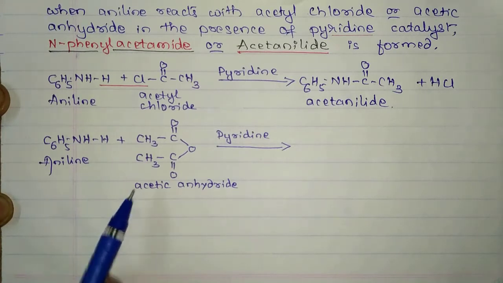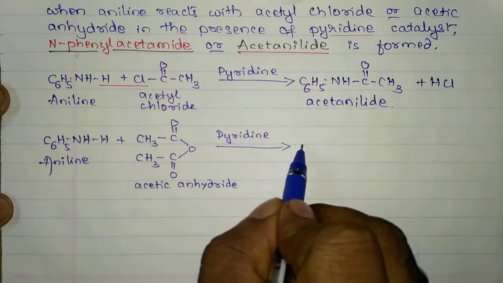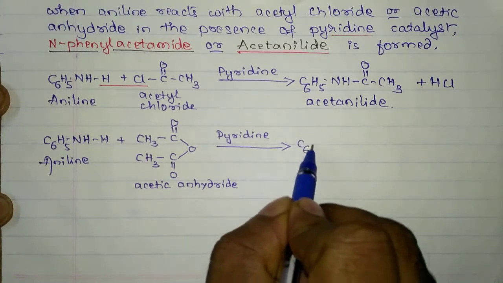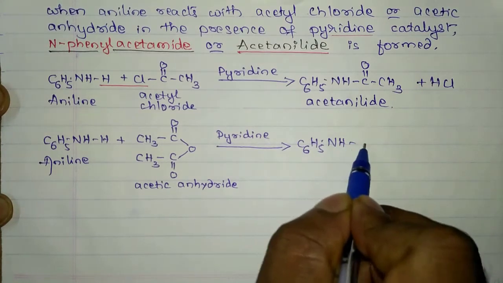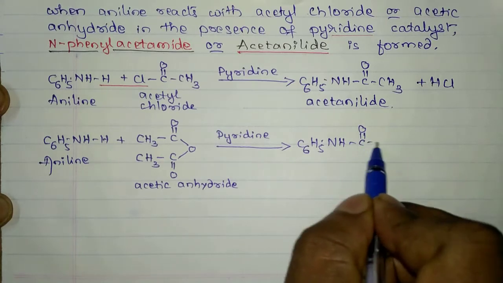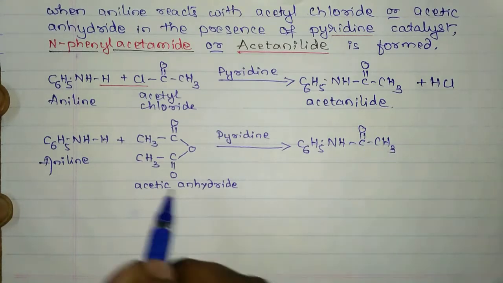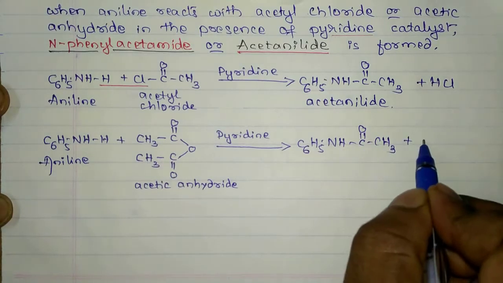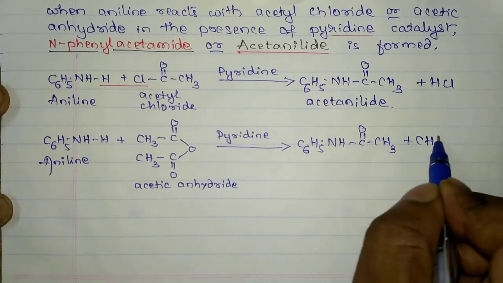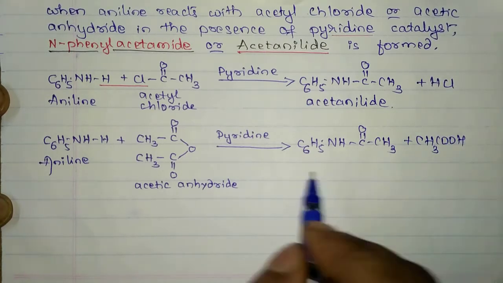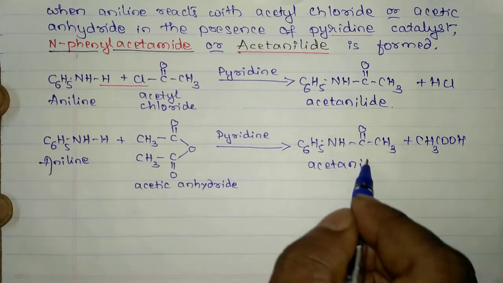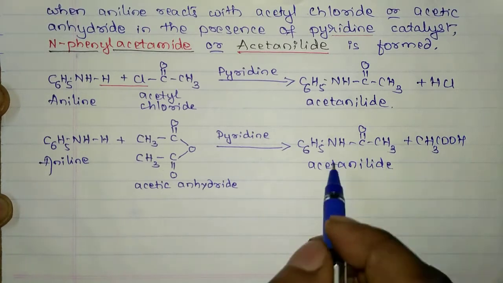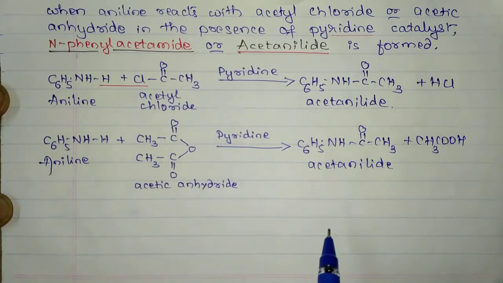Aniline reacts with acetic anhydride, gives acetanilide, C6H5NHCOCH3, plus acetic acid, CH3COOH. This is acetanilide, also called N-phenyl acetamide.